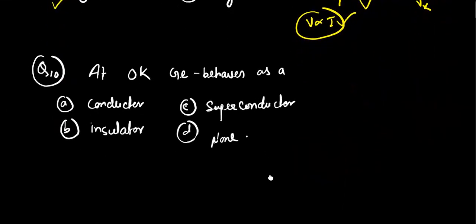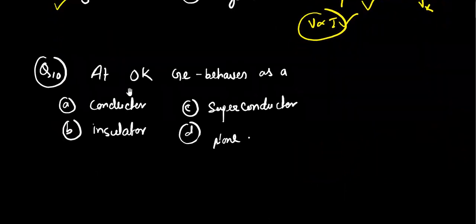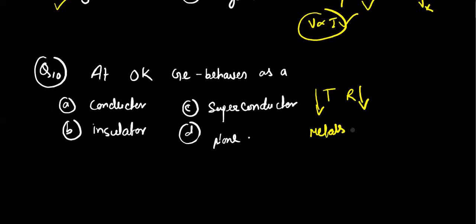Okay, now we are in the last question of this particular video. At 0 Kelvin, germanium behaves as. Before this, we have to understand something for metals. For metal, if we decrease the temperature, resistance will fall down, and metals behave as superconductors if the temperature tends to 0 Kelvin.